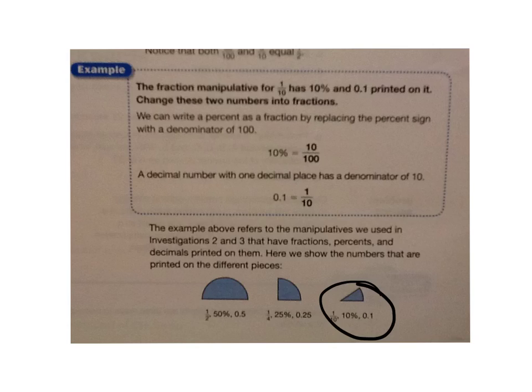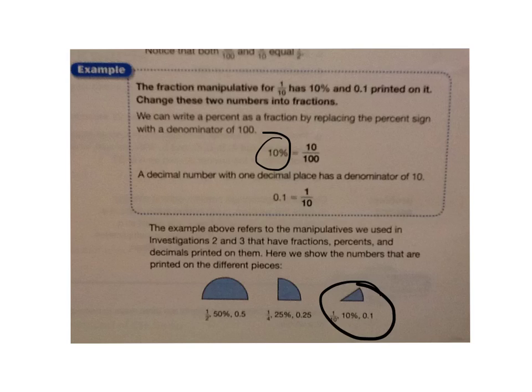You have those in your desk. You should anyways. We can write a percent as a fraction by replacing the percent sign with a denominator of 100. So what we did here was we put the 10 on top, made it our numerator, and made the denominator 100 because it's a percent.